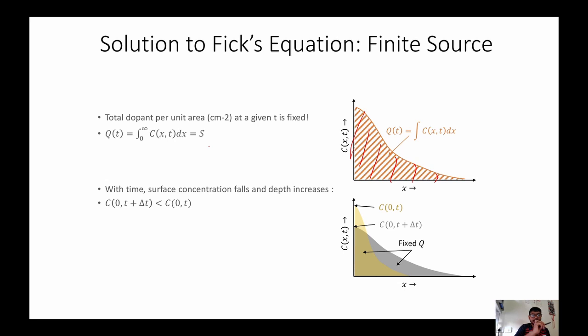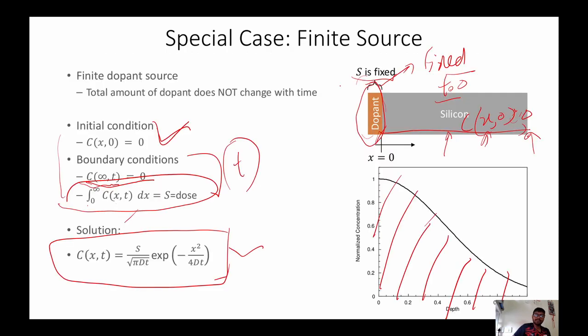If we increase the time, this is the curve for t equal to t1. If we increase the time to t2, where t2 is greater than t1, the curve will fall and spread like this because the concentration has moved inward.